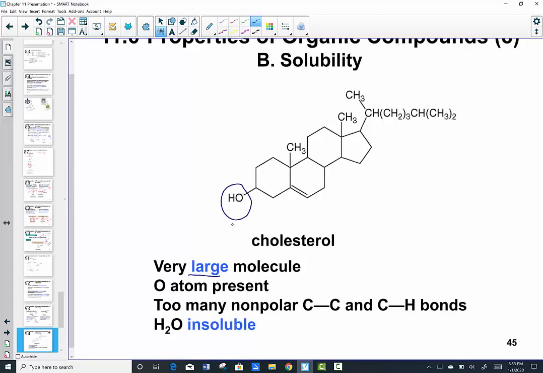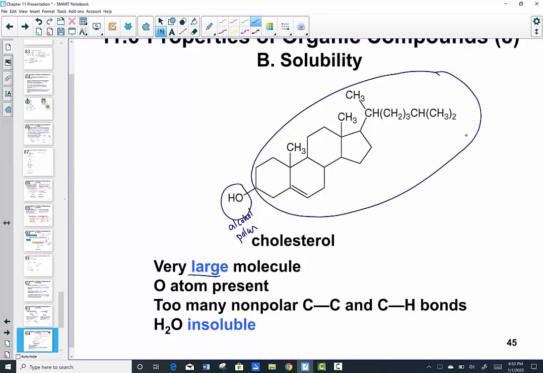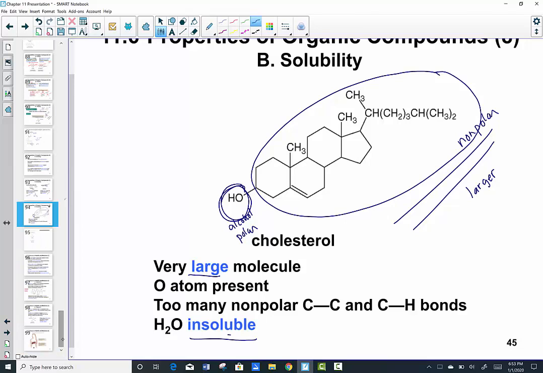I have an alcohol group down here, and I know that that's polar, but I want us to also know that this entire region is made up of carbon to hydrogens, which is all nonpolar. And certainly this is a much larger region, so it will dominate for physical properties. So overall, even though there's this tiny little polar region, the nonpolar region dominates, making it an insoluble solution. Cholesterol does not dissolve in water.